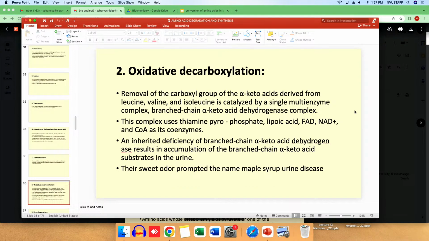So if you measure patient urine for acid, it will be quite elevated, and since there are keto acids, this urine will get a special smell. And this smell is what gave the name to this disorder. What is the name? Maple syrup urine disease, when the alpha keto acid dehydrogenase complex enzyme is not working.